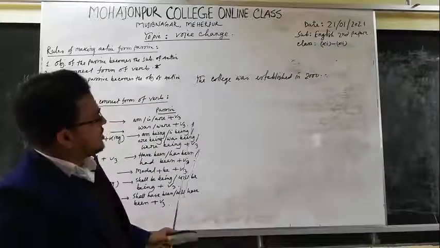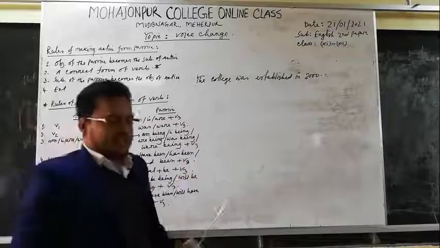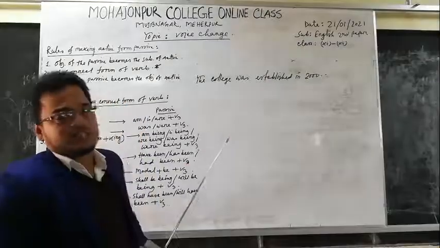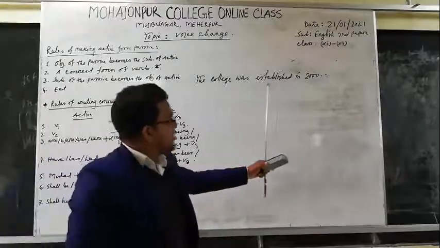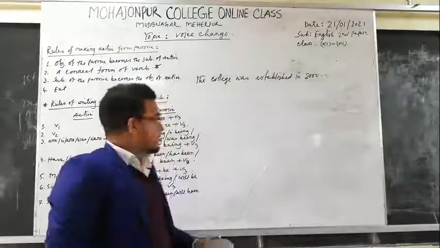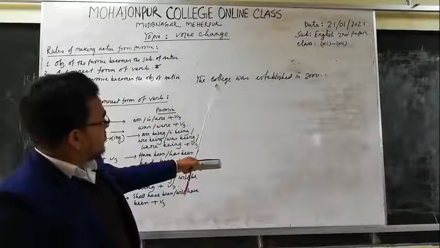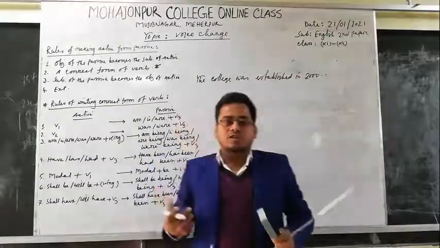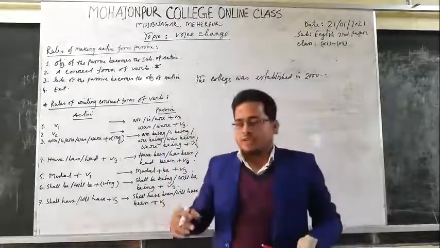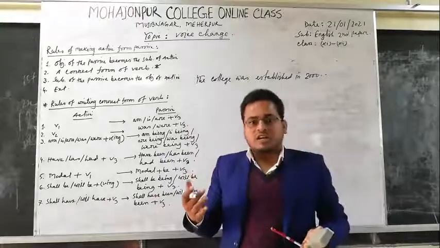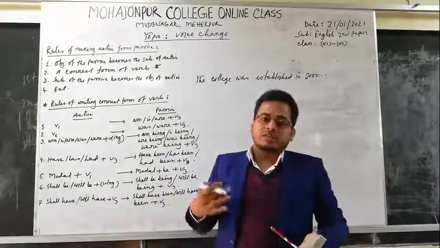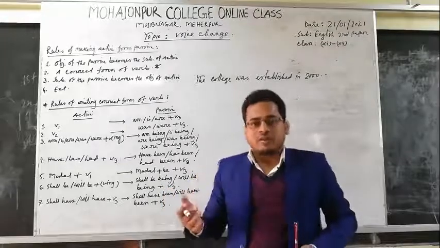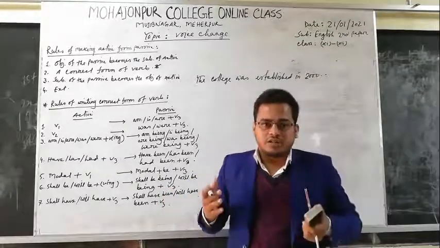So if we make it an active, we have to write an appropriate subject according to the meaning of this passive. According to the meaning here, that could be we or people. If that action is done by people or we, then we can write we or people. If the action is done by the government, then we can write the government.